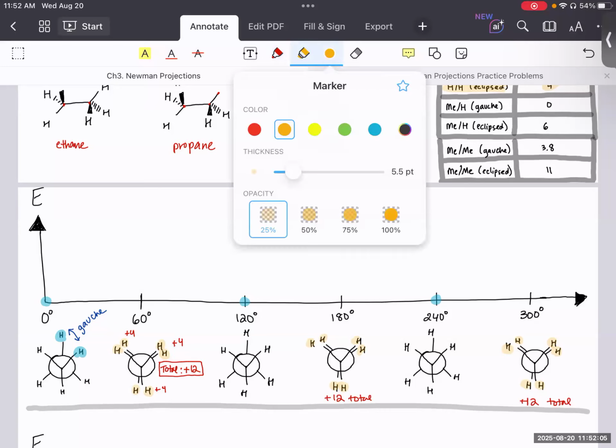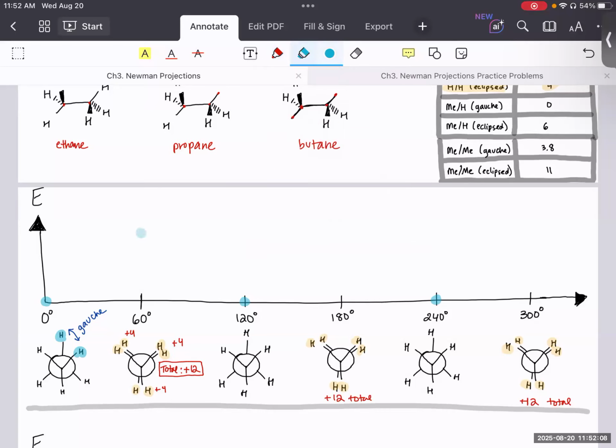So if we go back to our diagram, we could indicate that the +12 state is somewhere over here. At 60 degrees, at 180 degrees, and at 300, all of those are going to have the same +12 energy. Then to fill out the diagram, we would just use that wavy pattern.